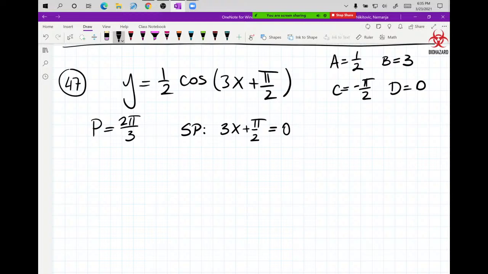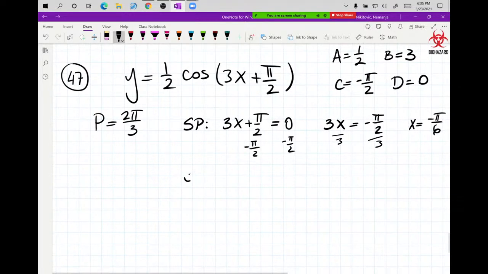And the start point is going to be then take away pi over 2 on both sides, right? You're going to have 3x equals negative pi over 2. And when you divide both sides by 3, you get that x is equal to negative pi over 6 is your start point, which means that for your end point, you need to add the period.